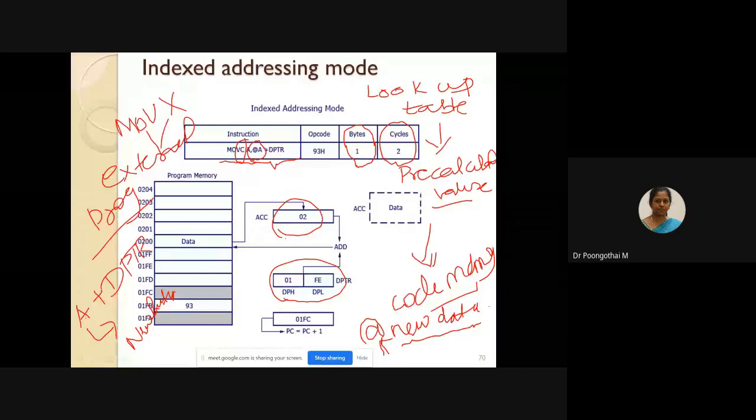When both are added, we get 0200. New data will be generated. What is the format of this instruction? @0200. So what is the meaning of this @? The content of 0200 is transferred to the accumulator. That is the meaning. Is that clear?